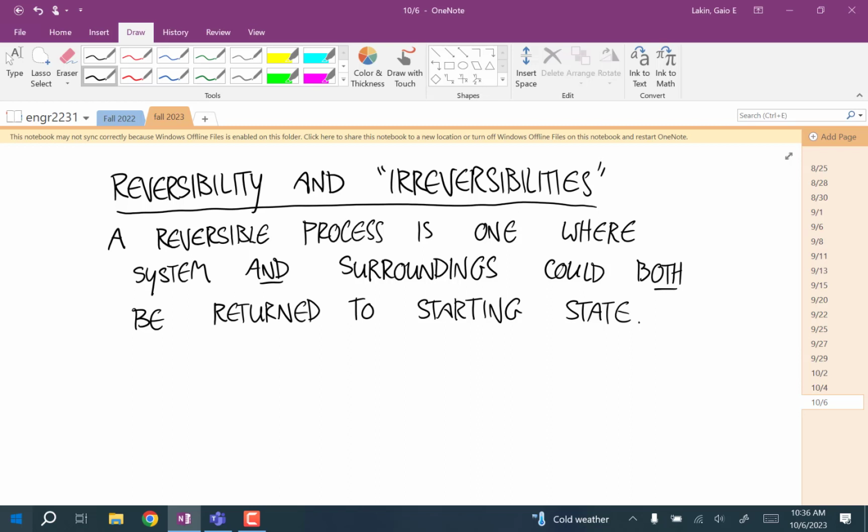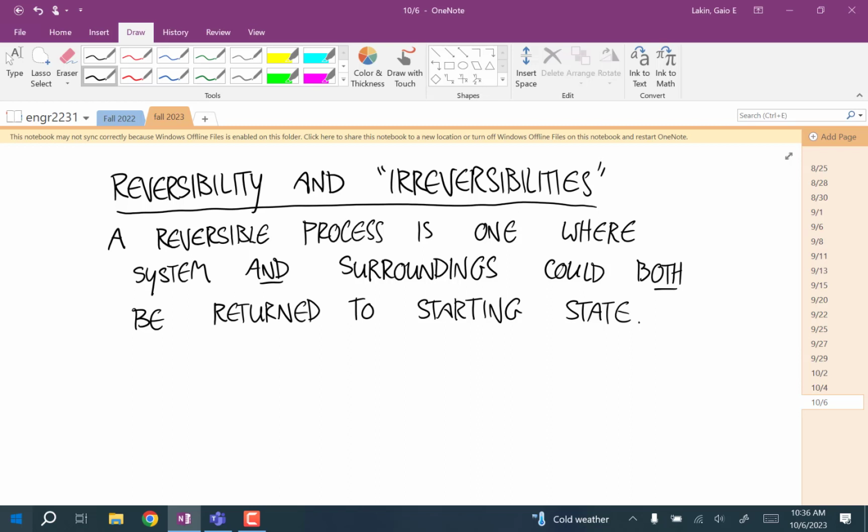Well, that chairlift keeps the surroundings from returning to their original state because you have to use energy. I don't know what they power chairlifts with, but somehow that's affecting the surroundings, you know what I mean?